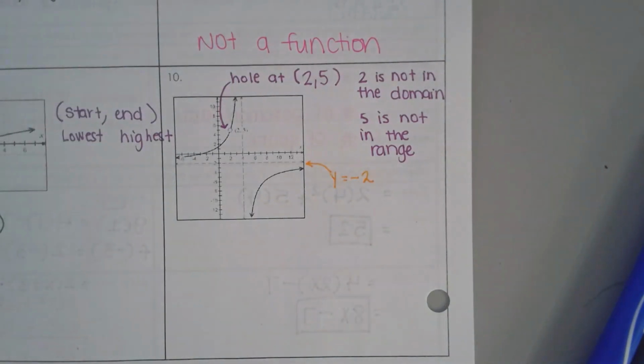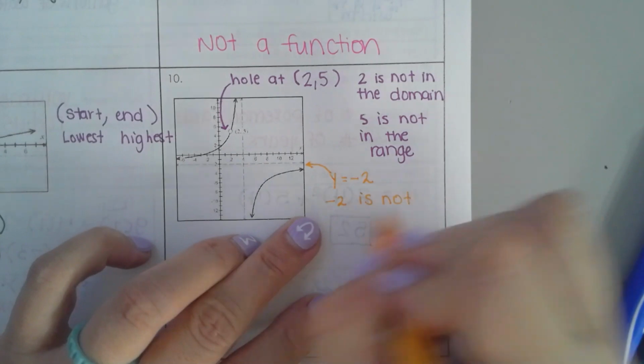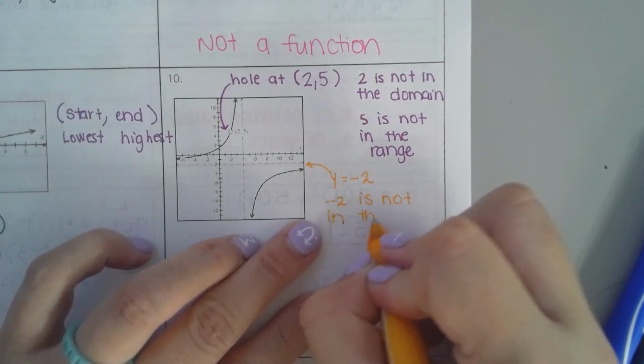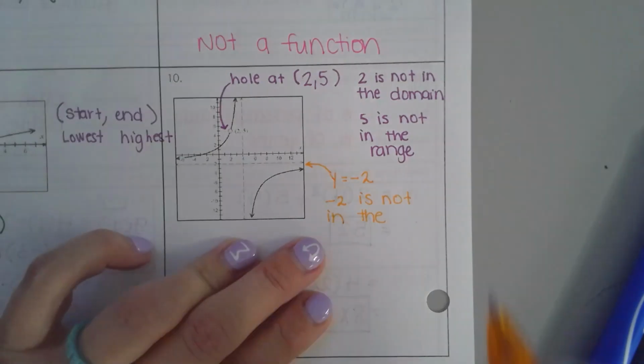When you have a horizontal line, it crosses through the y-axis at y equals -2. What that means is that -2 is not in the domain or range? Range, because it's y.